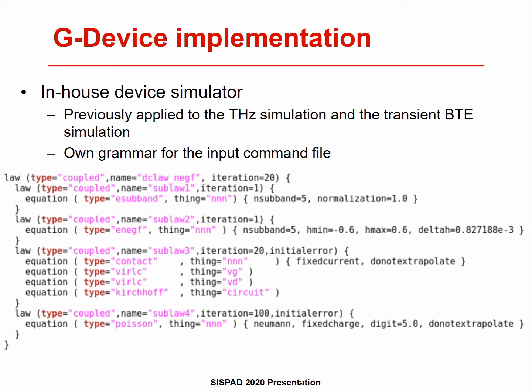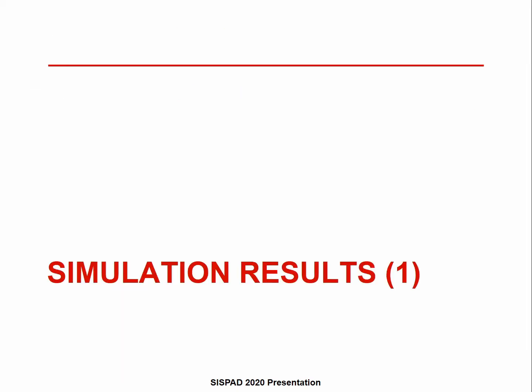For example, an input command file for the DC NEGF simulation is shown. Here, we define a set of coupled equations named DC_low_NEGF. As the first example, the AC responses at 0 Hz are calculated and compared with the quasi-static result.